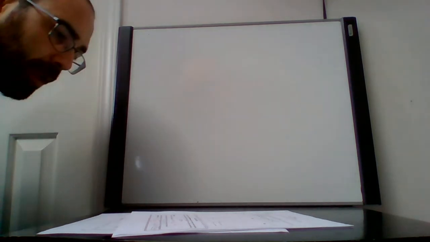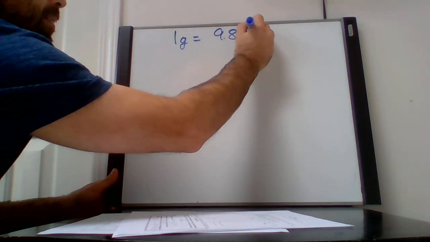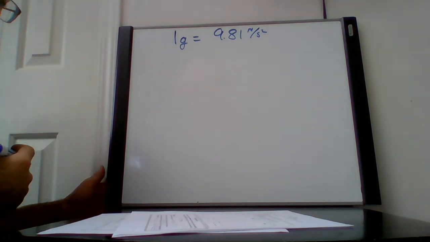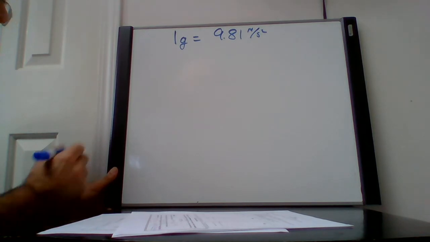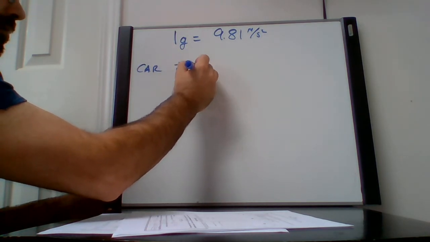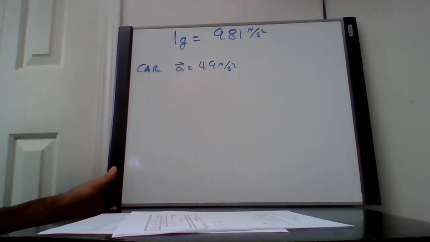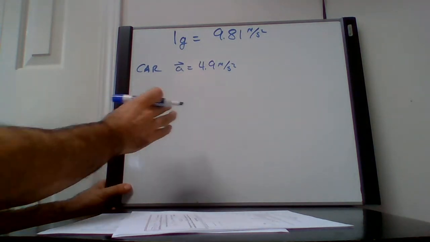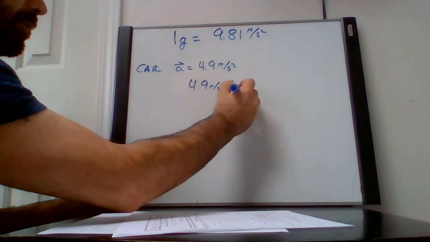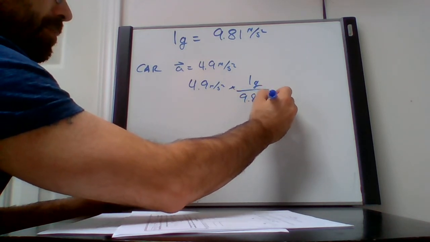So, since we have 1 g equals 9.81 meters per second squared, we can say that if a car accelerates at 4.9 meters per second squared, what we'd want to do is take this 4.9 meters per second squared multiplied by 1 g over 9.81 meters per second squared.